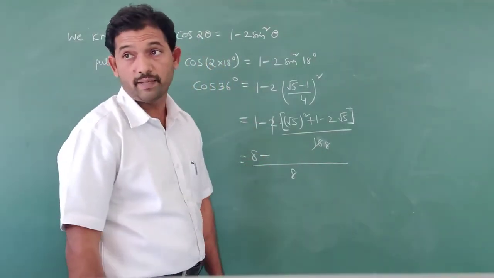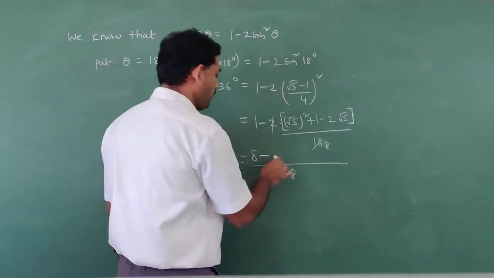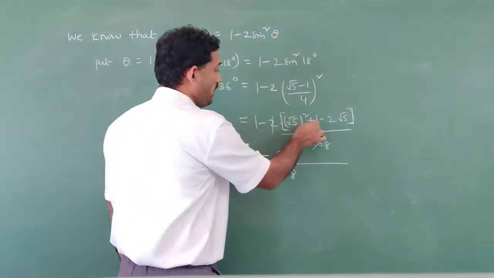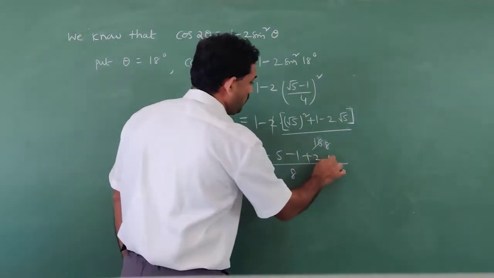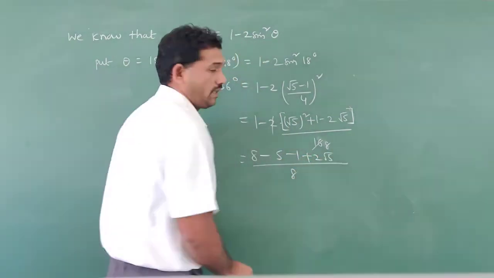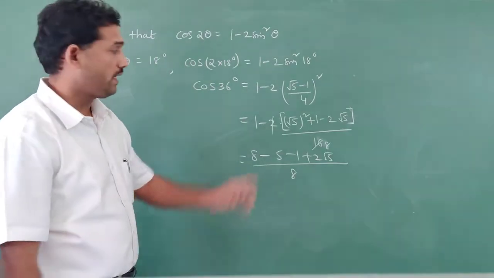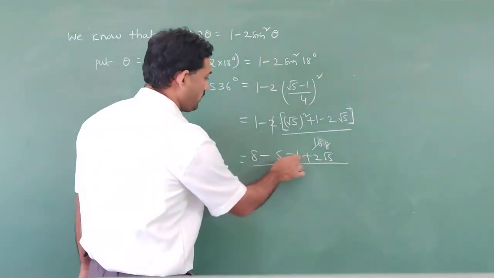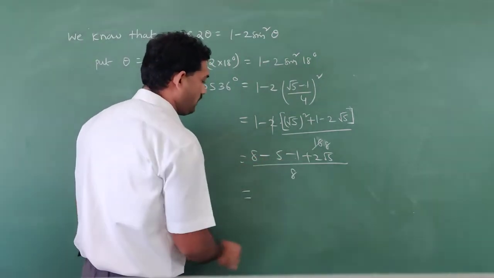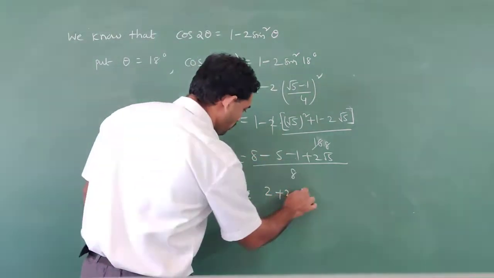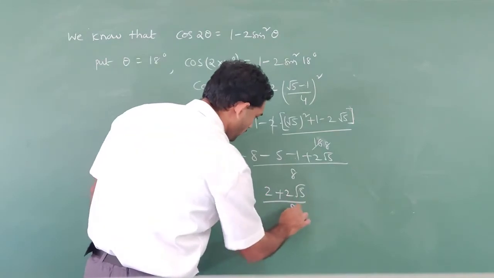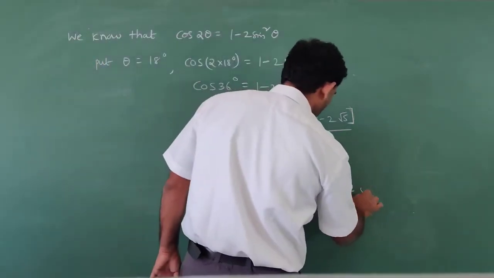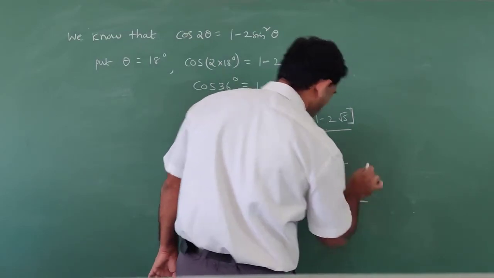So root 5 whole square is 5. Next, minus is multiplied, so minus 5, minus 1 plus 2 root 5. Now this is 8 minus 6, 2 plus 2 root 5 divided by 8. So 2 is common and cancel. Remaining 1 plus root 5 divided by 4.